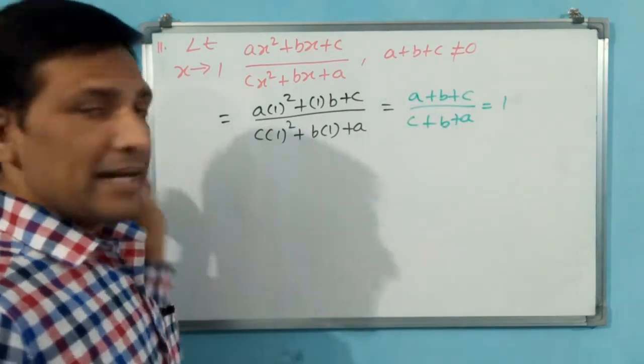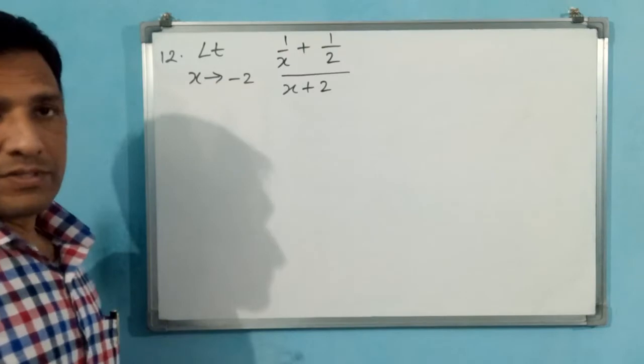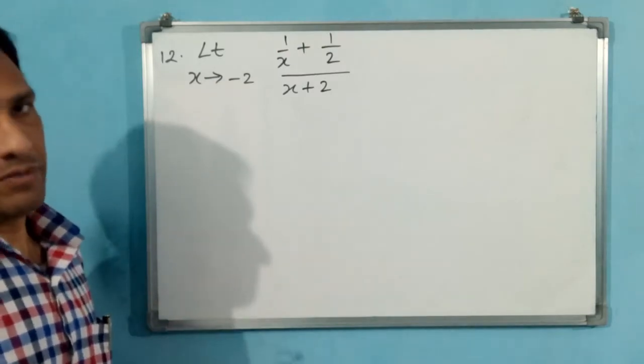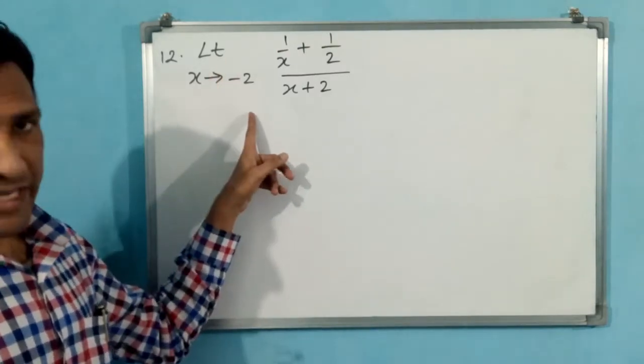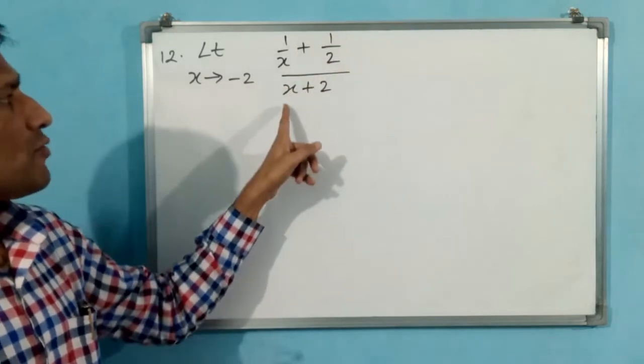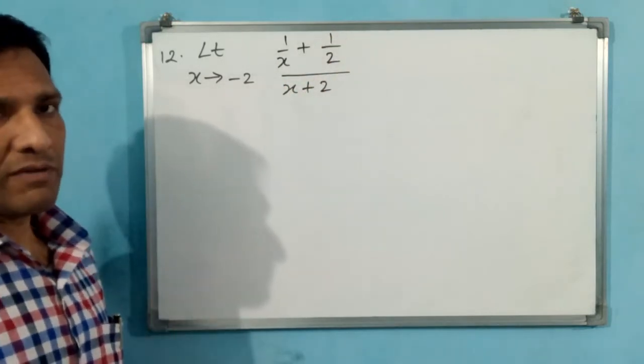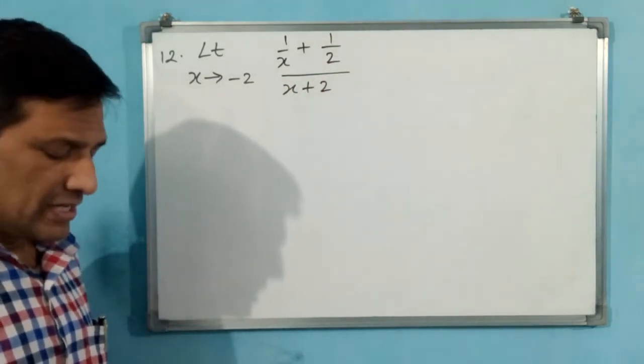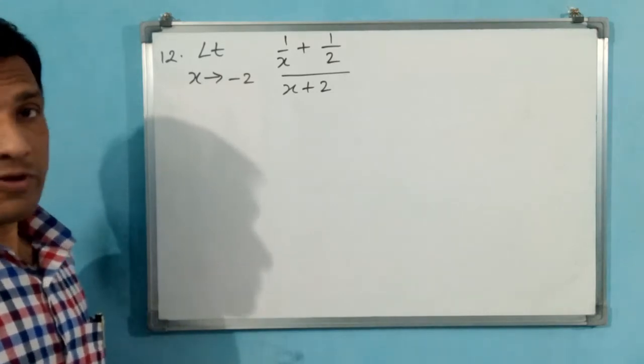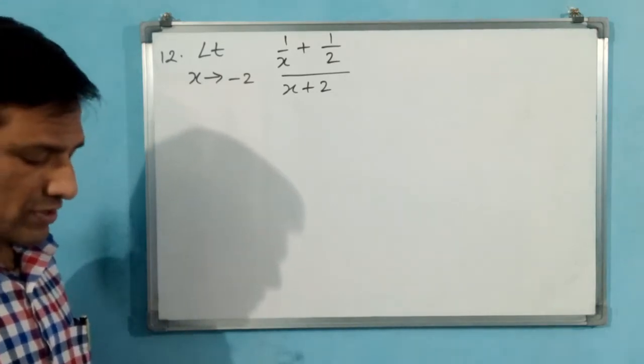Okay, let us go for the 12th question. Okay, see question number 12. Limit x tends to minus 2, 1/x plus 1/2 by x plus 2. What will be the answer? You see here, 0 by 0 is going to come. Why? Because minus 2 is there.